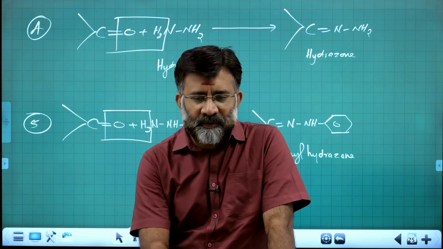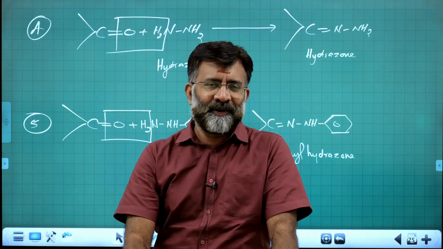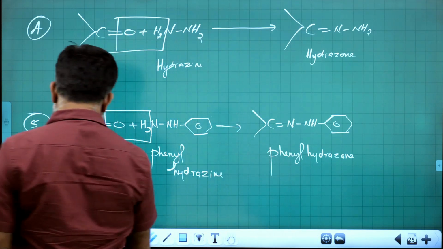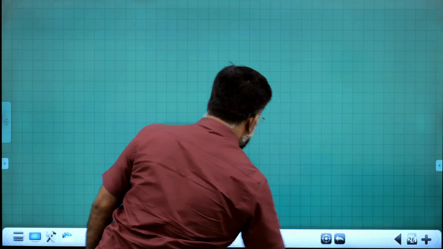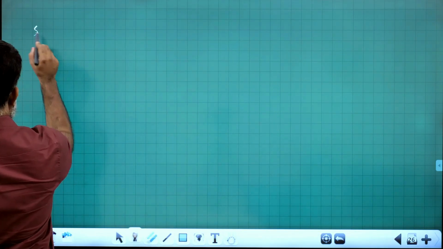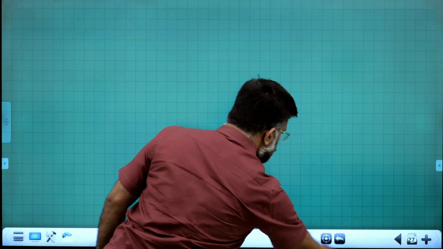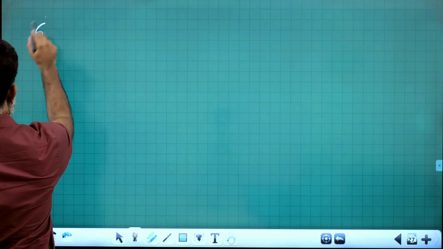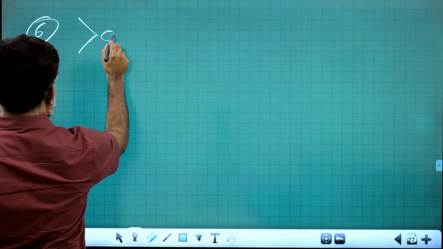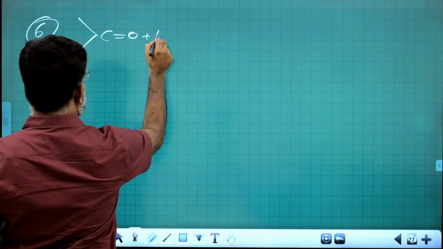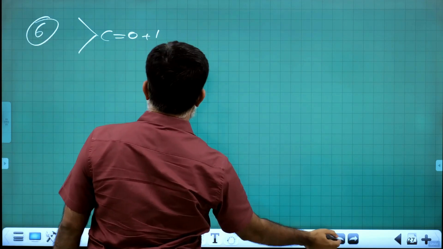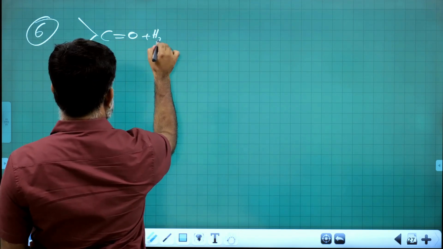And in fact, the next one is very, very important. 2,4-dinitrophenylhydrazine, 2,4-DNP. Carbonyl compound interacting with the 2,4-DNP.